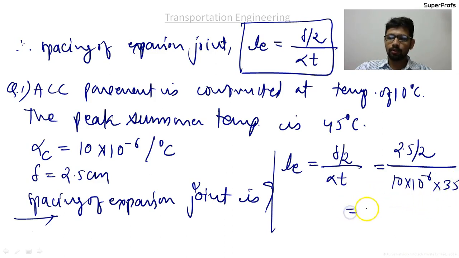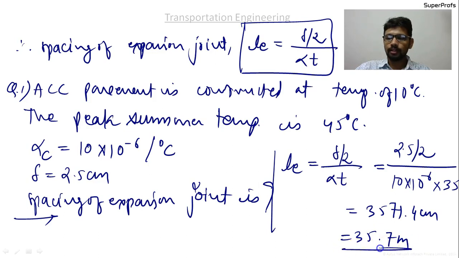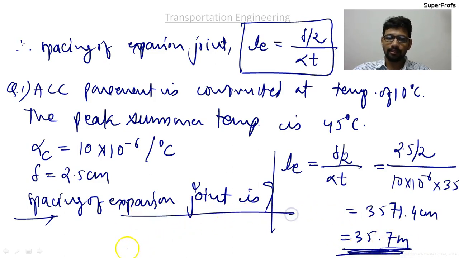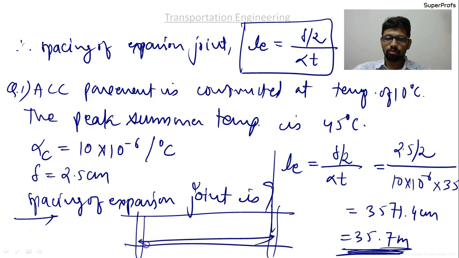So that is equal to 3571.4 centimeter, that is equal to 35.7 meter should be the spacing between the two expansion joints. If there is a pavement like this, provide expansion joints like this, leaving a spacing equal to 35.7 meters. So please check the calculations, okay guys.